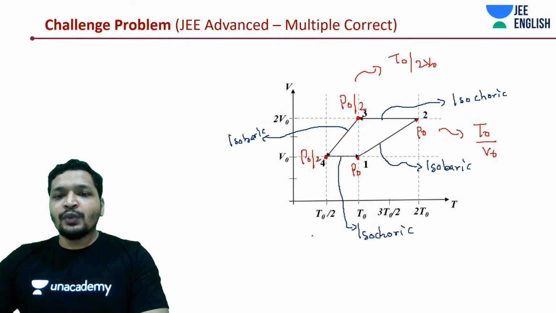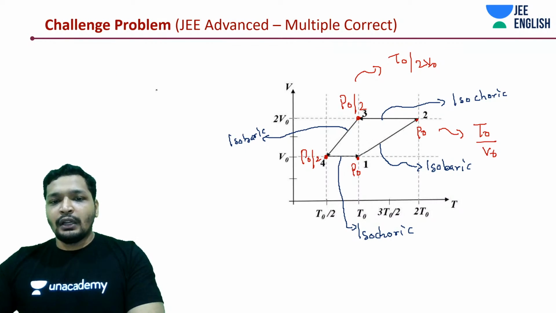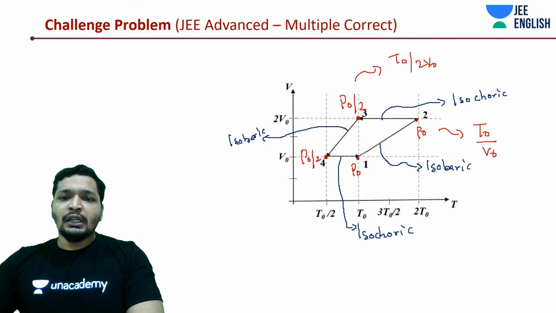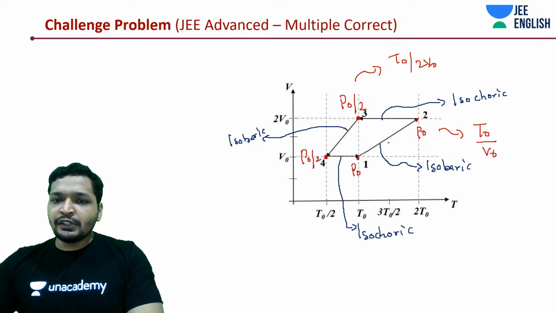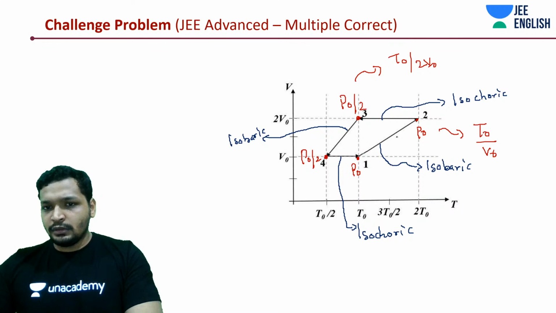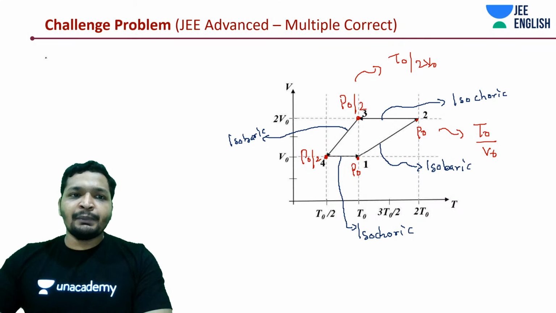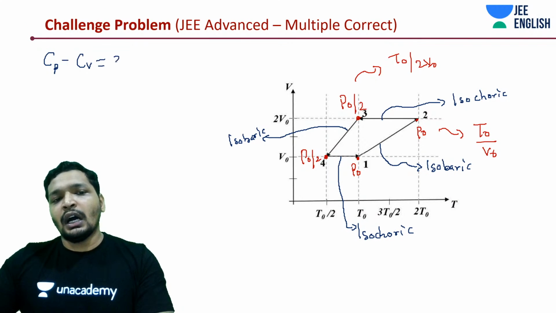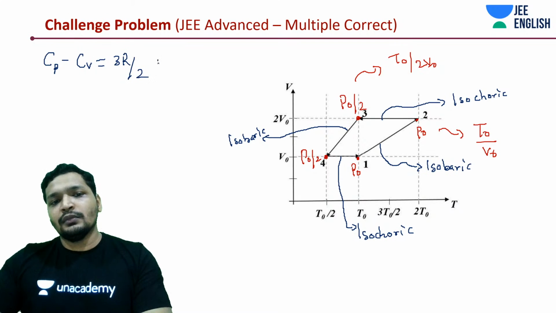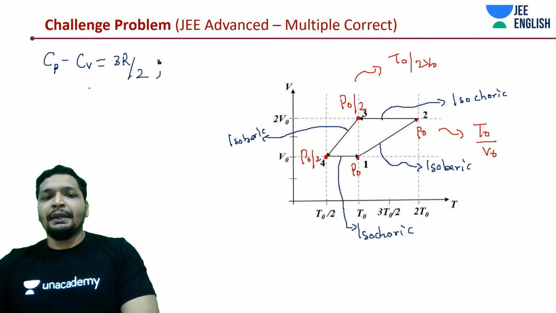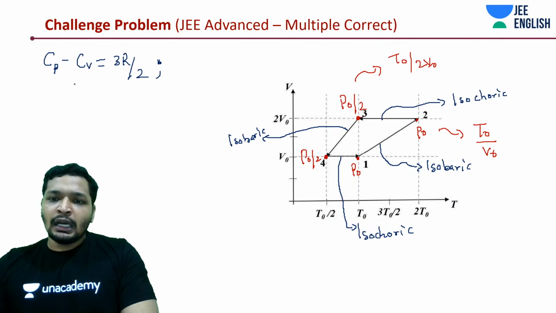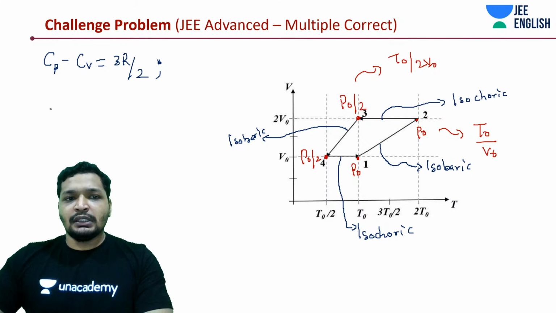First, let's draw this graph in P and V, and before that, process 1 to 2 is isobaric. And what is Cp minus Cv? 3R by 2, right? And that being said, what is the work done in an isobaric process?